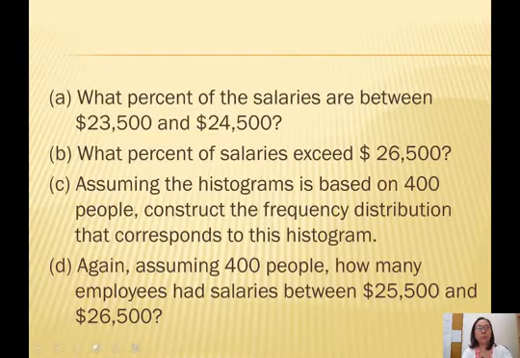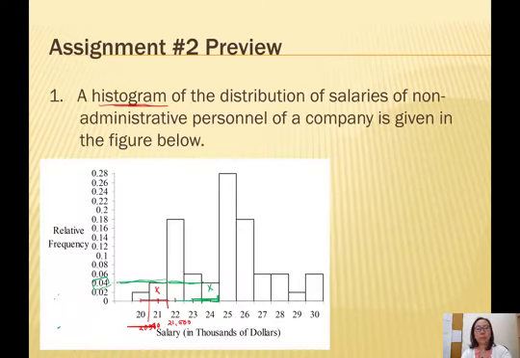The second question is what percent of salaries exceed 26,500? Okay, so which is to say, what percent of people make salaries above 26,500? So we want to locate 26,500 right here. And the question is, what's the percent of all of these people here to exceed 26,500?